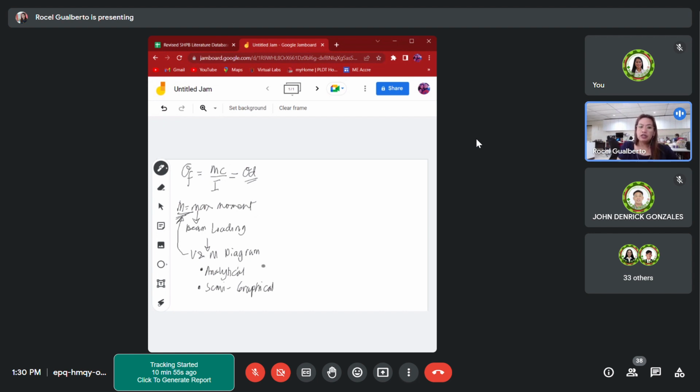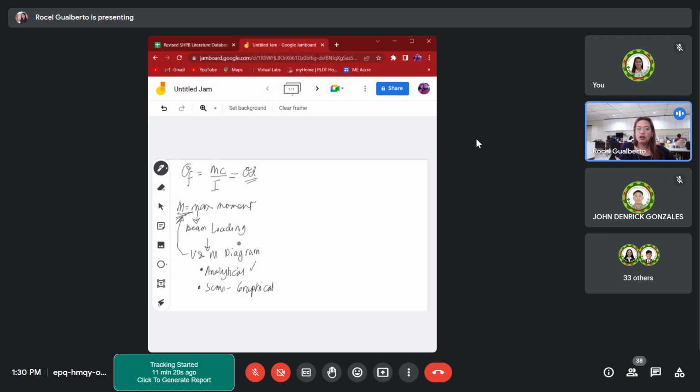To differentiate the two po, when we say analytical method, you have to look first for equations of shear and equation of moment. Maghahanap muna po tayo ng equation ng shear at equation ng moment dito. Once you have the equation, you substitute limits to arrive at numerical values.